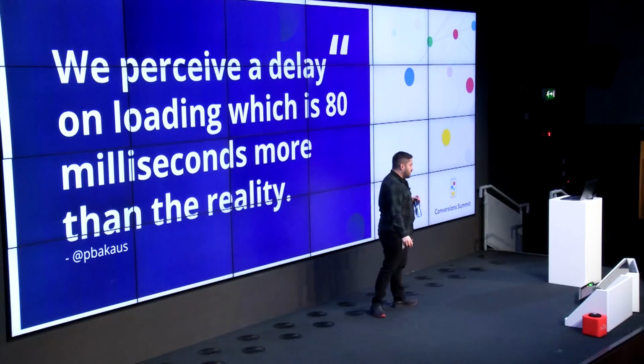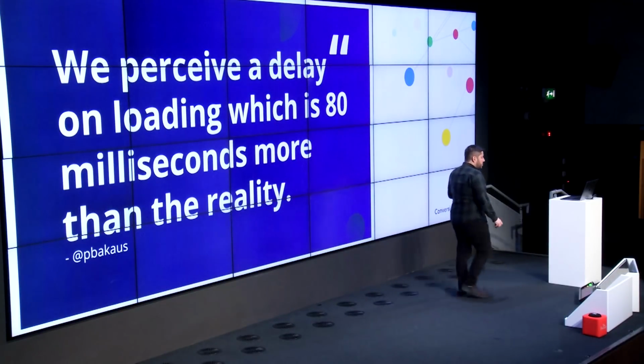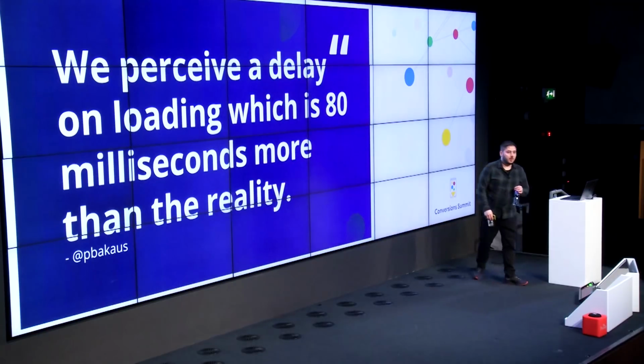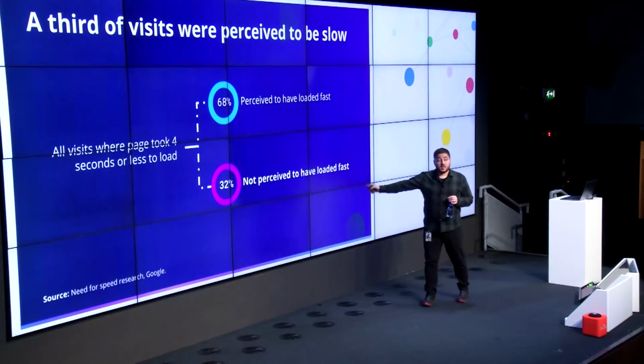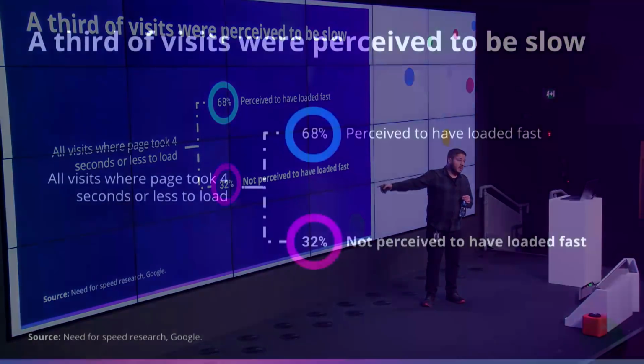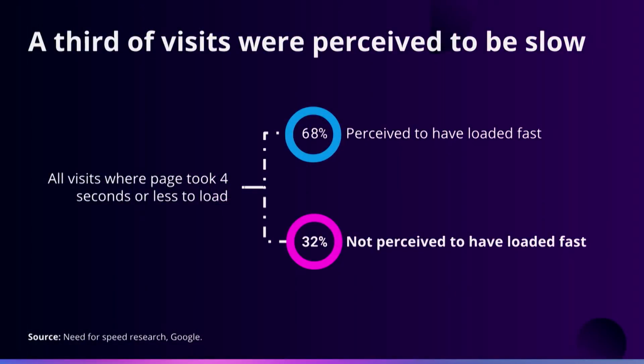Especially the fact that we perceive time much slower than it actually is, which is weird. But this is very scary. 30% or slightly over of users perceive fast sites to be slow. And that's weird, because we've been telling people, make sure you optimize your code, make sure you optimize your site to be really quick from a technological point of view, but 30% of users still think it's slow.